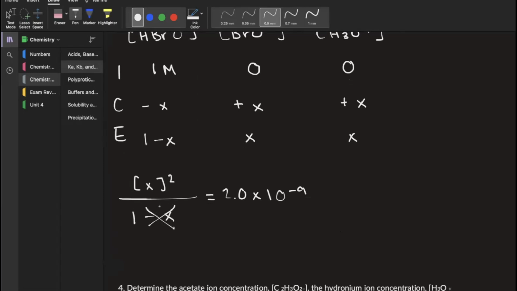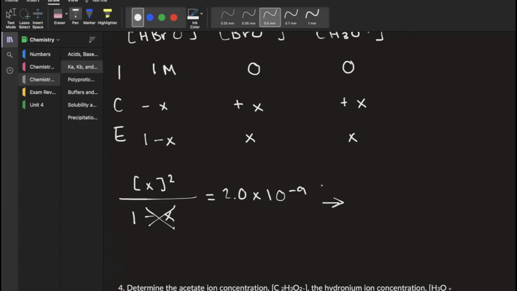So in reality, our problem is going to be x squared divided by 1 equals 2.0 times 10 to the negative ninth. To solve this, all we need to do is multiply 2.0 times 10 to the negative ninth by 1, which is the same thing, and then find the square root of that.